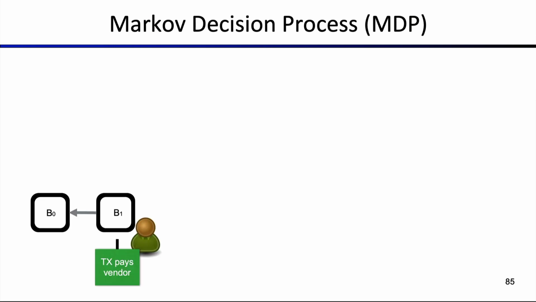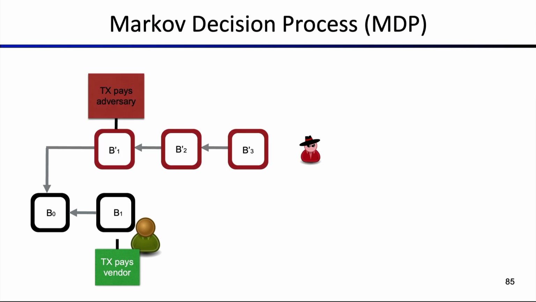So let's assume here we have an honest chain, right? This is just a regular honest chain where a transaction pays a vendor. And let's assume that in parallel, an adversary is mining a secret chain, this red one, which is not public yet. And there's a transaction that pays the adversary. This transaction is a double spend transaction, which is in conflict with the green transaction, right?